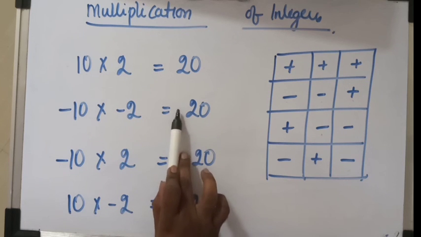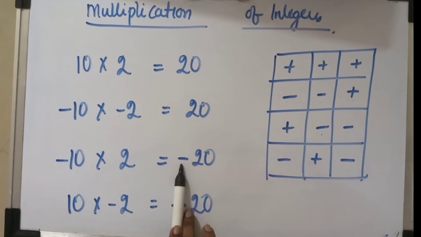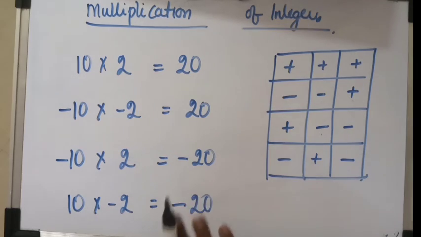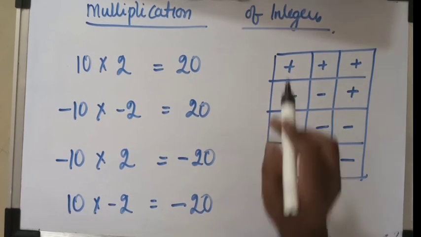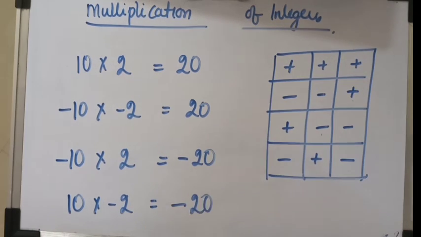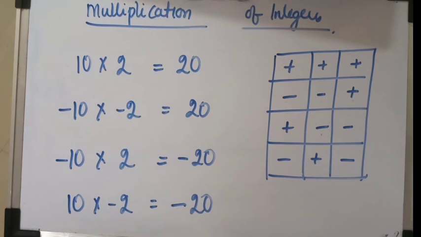Negative into negative, my answer is positive. Negative into positive, my answer is negative. Positive into negative, my answer is negative. This is how I need to multiply the integers. The same goes for division also. The same is applied for division.